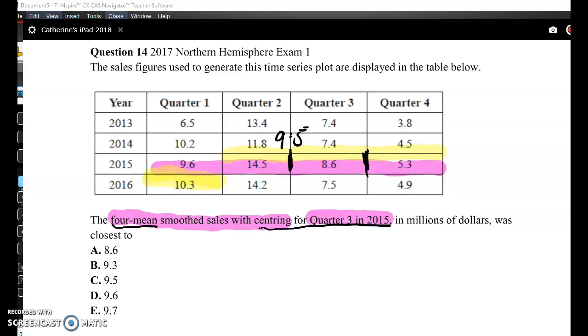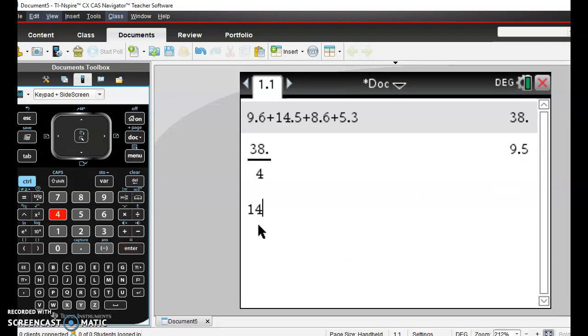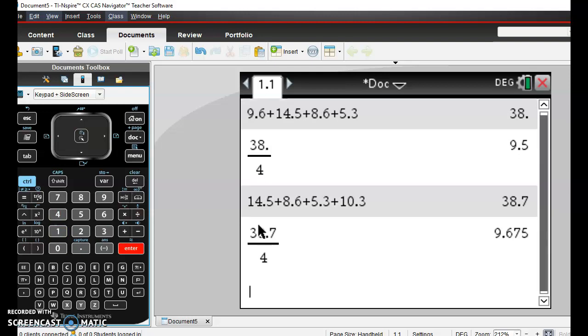So that will be centered between quarter 3 and quarter 4. So let's pop those in. So that's 14.5 plus 8.6 plus 5.3 plus 10.3 divided by 4.